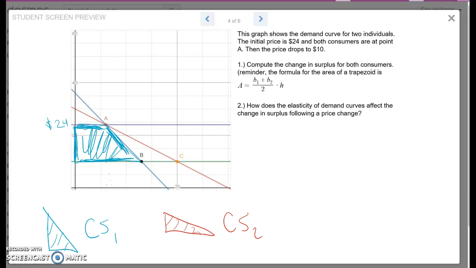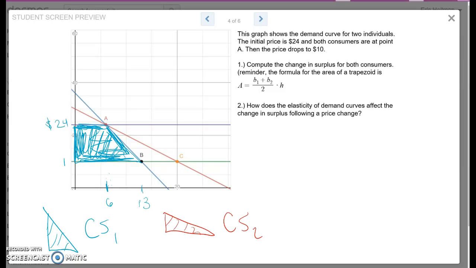We're going to say that initially they were consuming 6 units, and let's say this is 13 units. The consumer surplus increased because the price went down, so that makes the consumer better off. We need to find the area of this trapezoid.